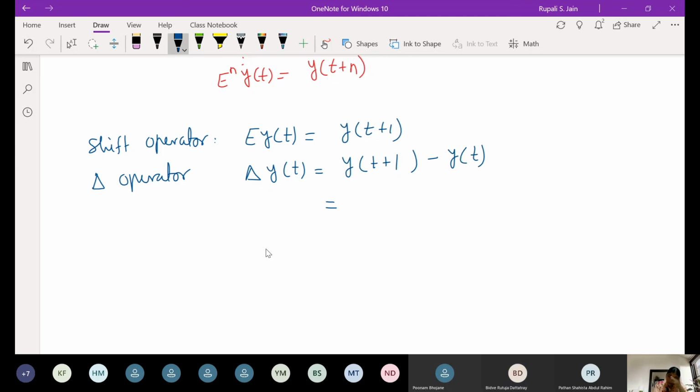So how can I write it in terms of the shift operator? This is nothing but E of yt minus yt. I can write this as E minus 1 into yt. Whenever we are talking in terms of operators, it will be I of yt, not 1 of yt, because this relation is in terms of operators. So delta operated on yt I can write with the identity operator. Next line I will write that.